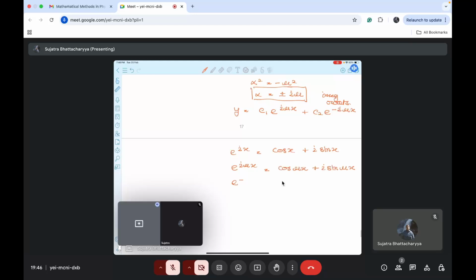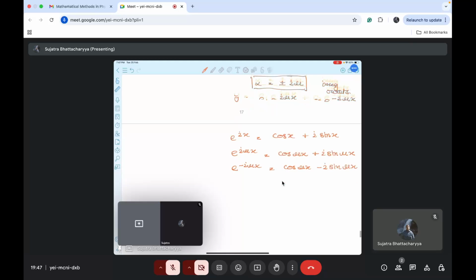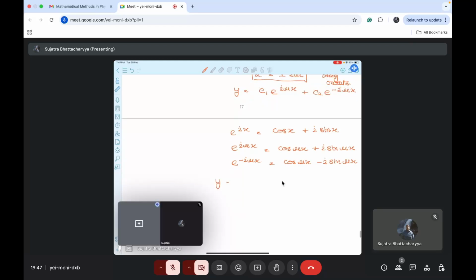Similarly, e to the power minus iota mu x will be cos of mu x minus iota sin of mu x. Put that in the equation. y is equal to C1 times cos of mu x plus iota sin of mu x plus C2 times cos of mu x minus iota sin of mu x.